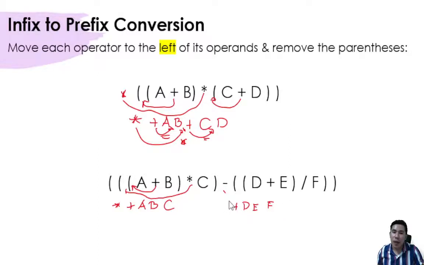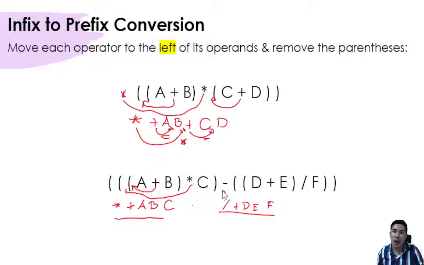Division. Before you divide, because it's fully parenthesized, you have to add D and E first. Since it's fully parenthesized, the last operator to be evaluated is the subtraction or minus sign, which comes after the results of these, so that's the time you subtract.